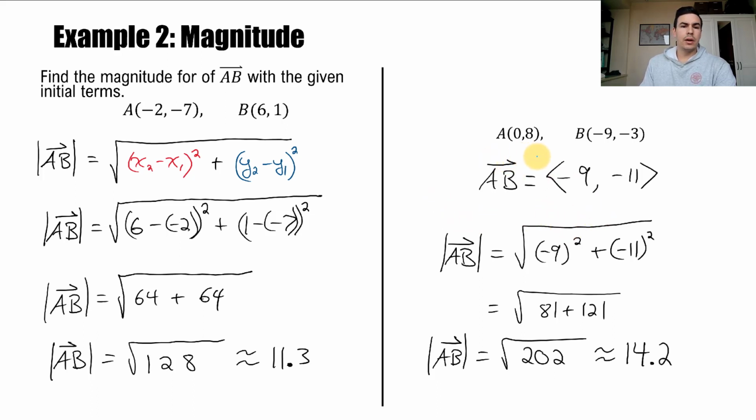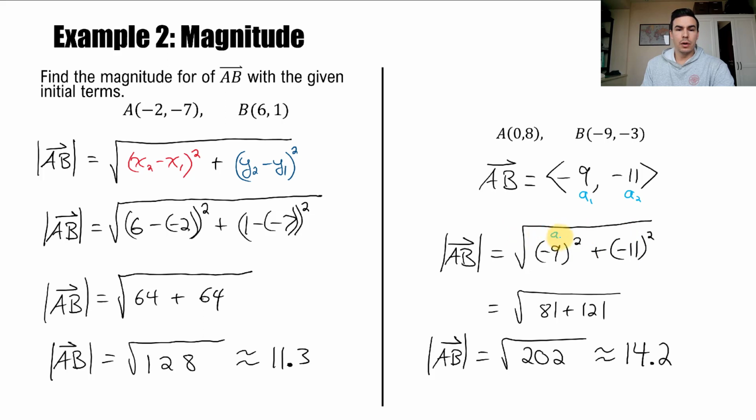Now notice we already found the component form for AB, right? And so when that is the case, this is going to be A1 and A2. So we can just plug in A1 squared plus A2 squared in this formula here.